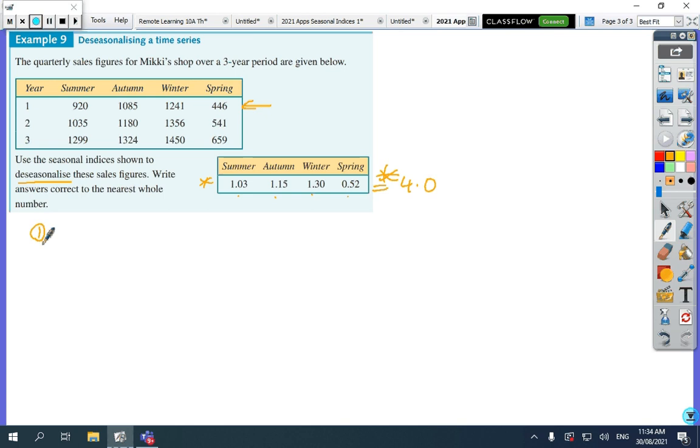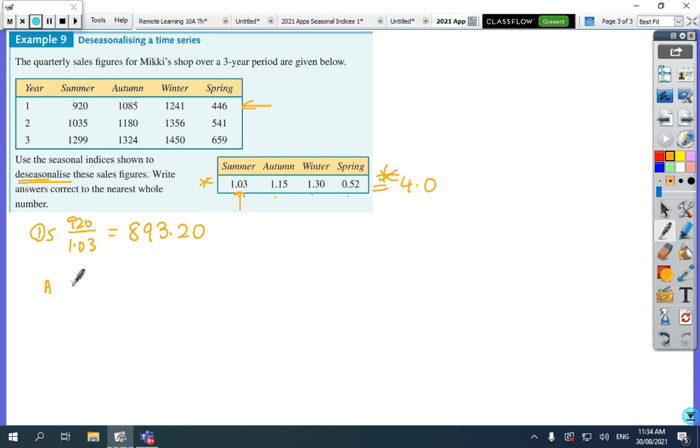So to deseasonalise, for year 1, 920 divided by the index 1.03. Turn your calculator on, 920 divided by 1.03, and equals 893.20. So that's the summer.